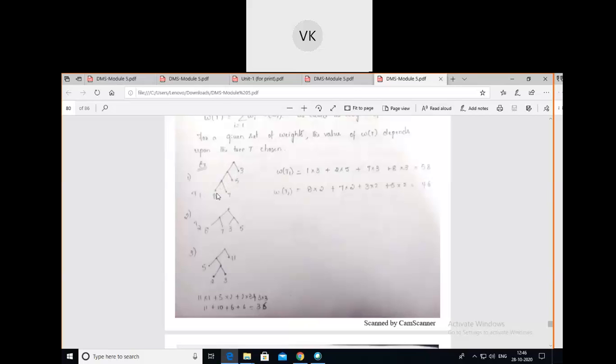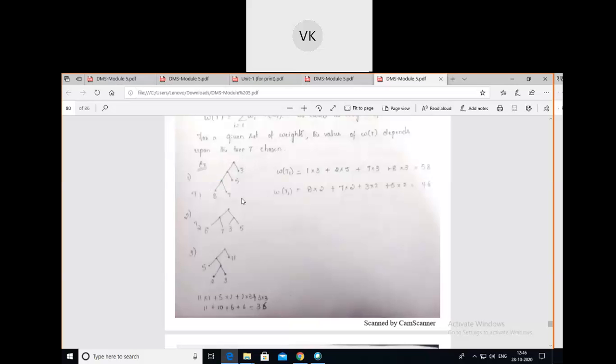All these nodes are leaves because all have degree 1: the degree of this one is 1, of this one is 1, of this one is 1, and of this one is also 1. All four vertices have degree 1, so all are leaves of the tree. With respect to leaves only we are going to do the calculation.